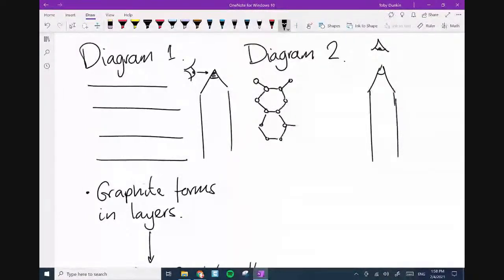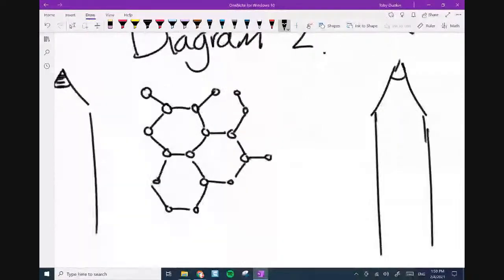I'm trying my best to draw a decent picture of this. Really, I'm trying hard. I'm going to zoom in. So graphite has this really lovely honeycomb-like structure, and it goes on forever.